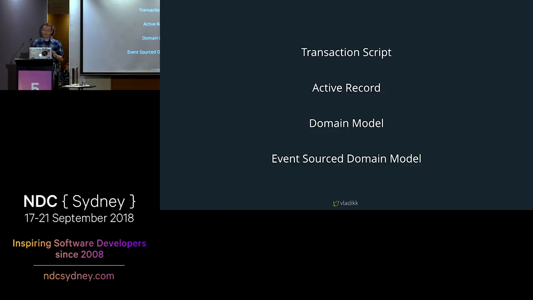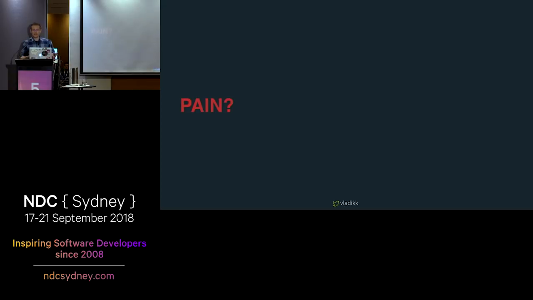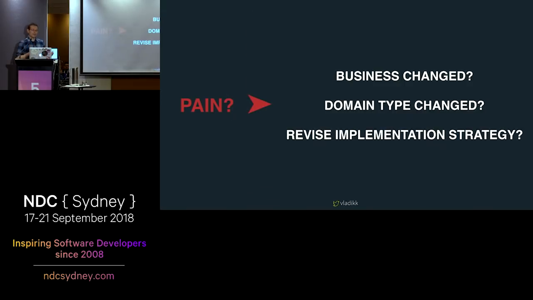Now, let's say you've chosen an implementation strategy, but over time, it started breaking under its own weight. For example, you've been using active records, but maintaining and modifying the business logic started to become painful. This pain is a very important signal. Use it. It means that the domain has evolved, and it very well might be that it's time to rethink its type and its implementation strategy.